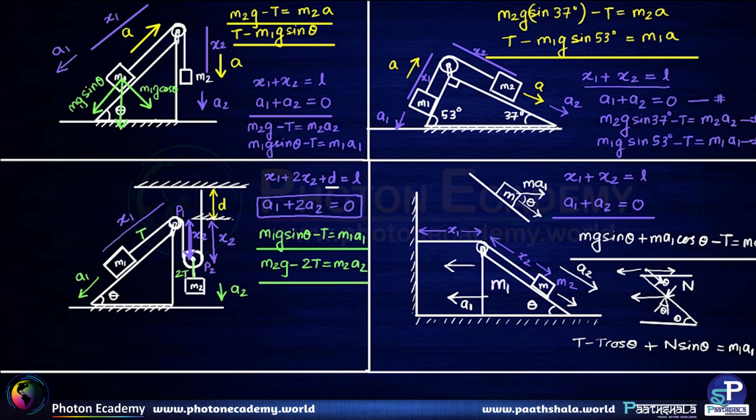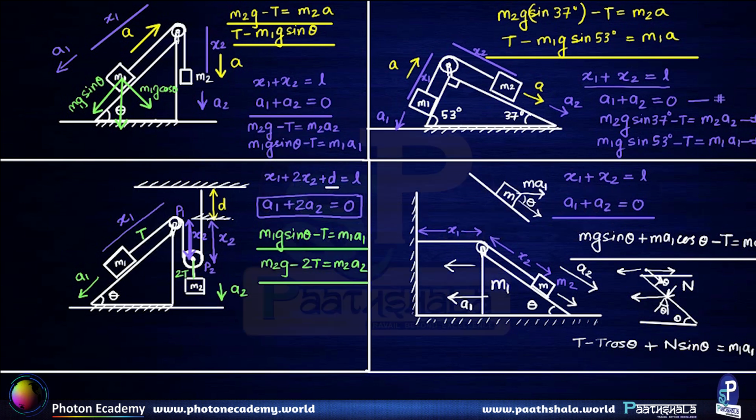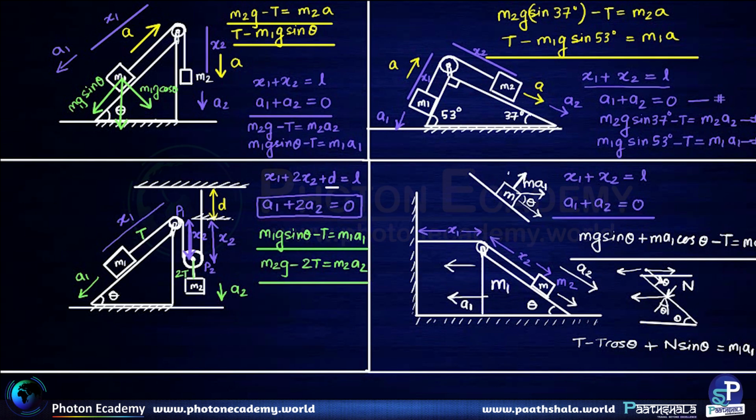So here the unknowns are a1, a2 and T. Everything else is known. So there is this N also, that is also an unknown. So we can write down the perpendicular direction equation for the mass m and find out the value of N. So basically the N force is acting over here. So N plus m a sin theta is going to be equal to mg cos theta.